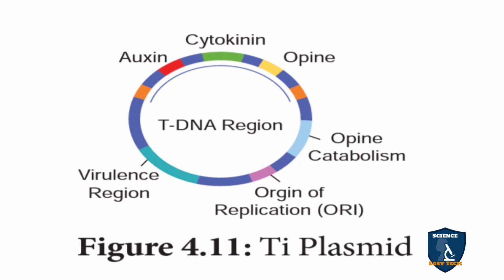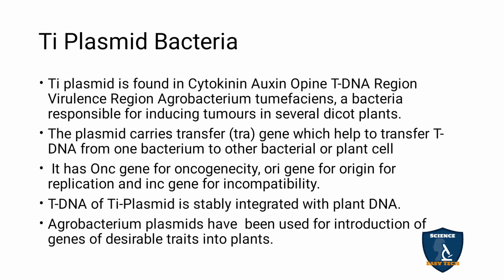So the Ti plasmid contains auxin, cytokinin and opine genes, a virulence region and an origin of replication. This Ti plasmid is isolated from Agrobacterium tumefaciens, a soil bacterium which creates tumors in some dicot plants like brinjal, tomato, cotton, etc.